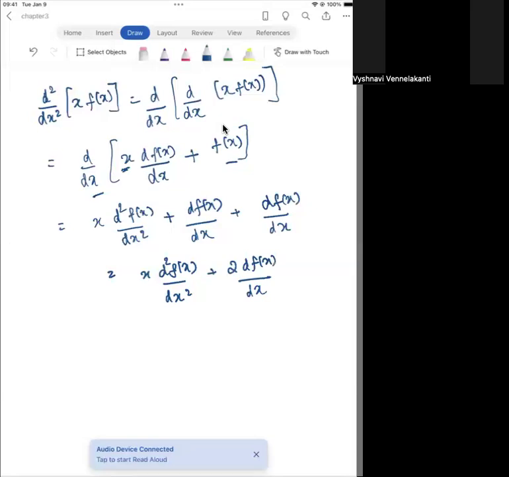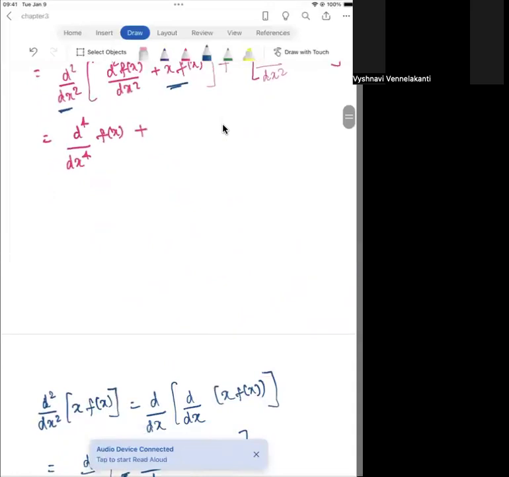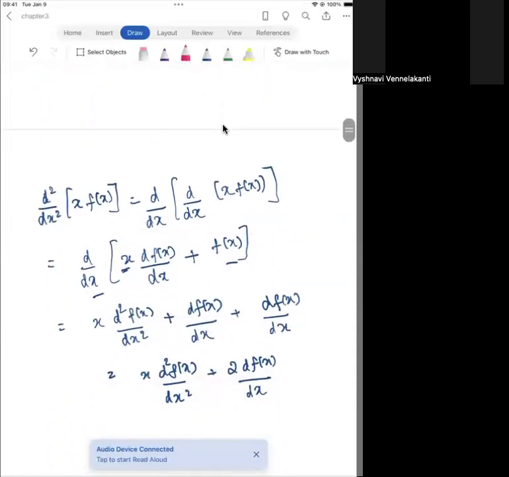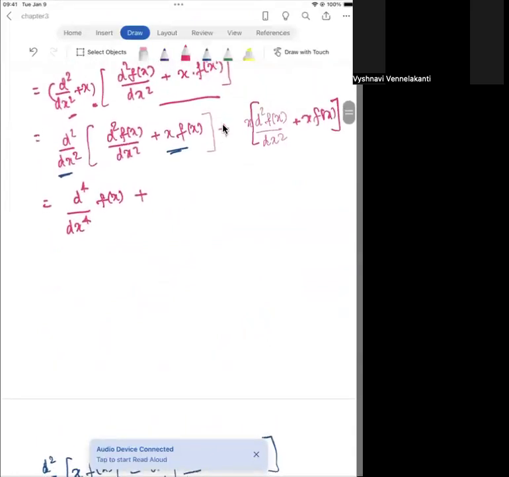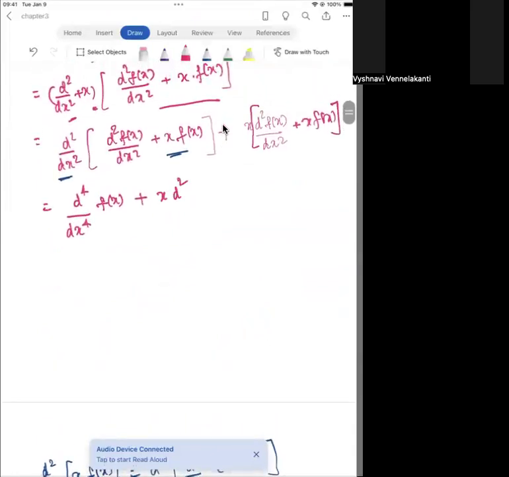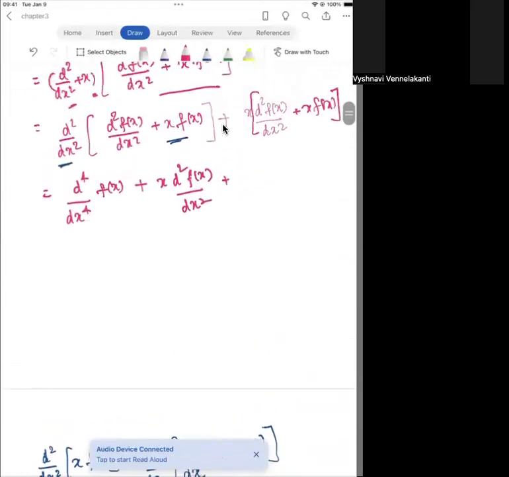So now that we have it here, we are gonna simply copy it back there. x times the second derivative of f of x plus 2 times the first derivative of f of x.